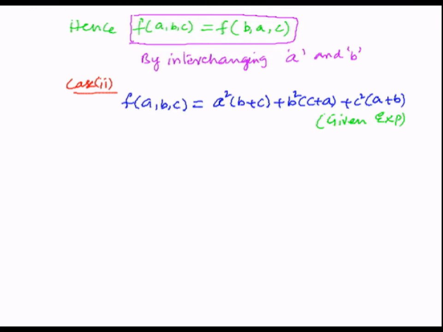Now I want to interchange. In the first case I interchanged a and b, that is 1 and 2. Now I want to interchange second and third, that is 2 and 3, that is b and c.